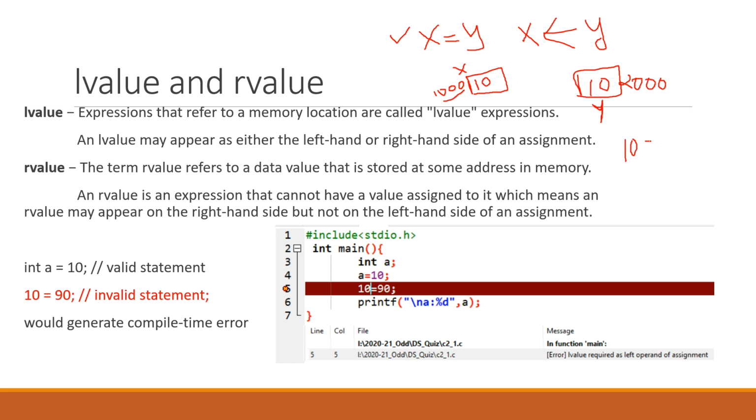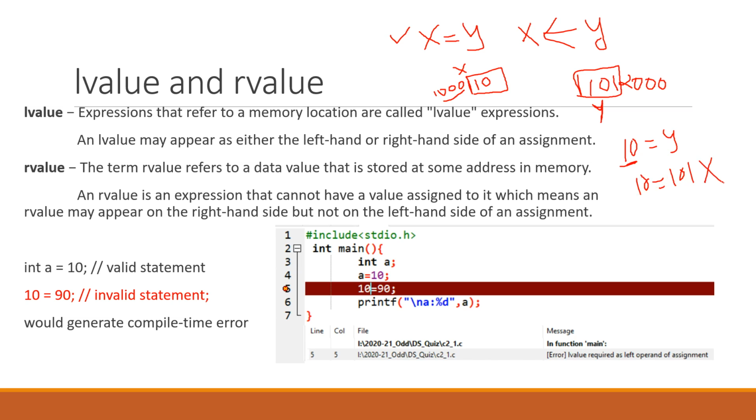Now I will go for one more statement: 10 equal to y. 10 is a constant. Y is a container. Say y's content is 101. Can I change the value of 10 to 101? Is it possible? 10 cannot be changed to 101.